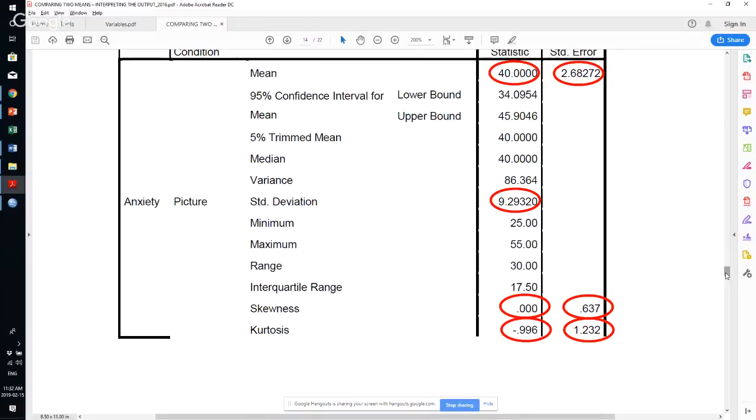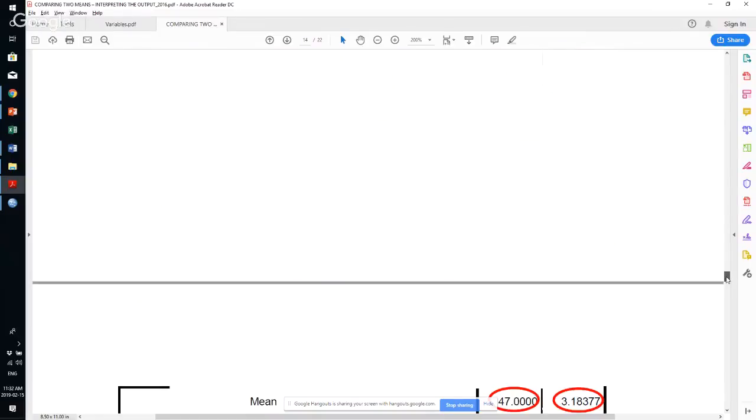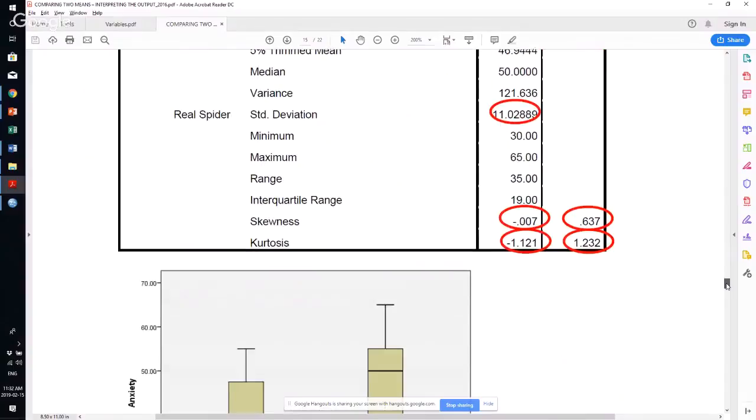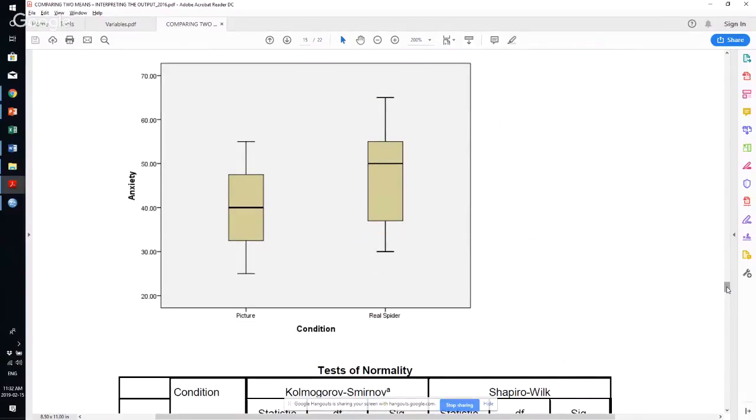Because it's all cracking. Well, so we get our means and our standard error. Again, I'm going to do my standardized skewness and kurtosis scores. For the real spider, I go into legacy dialogs and plot my variables. I didn't have to do all this adjusted stuff because it's independent and SPSS knows that. I then look here and I see picture and spider.